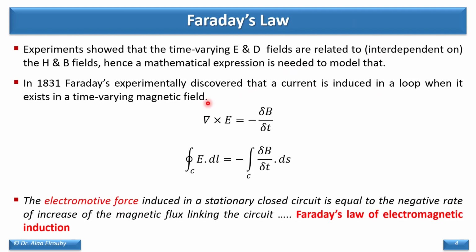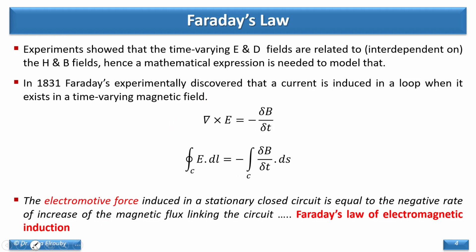One of the observations that led to this time varying study is Faraday's law, where he discovered that there will be current induced in a loop if this loop exists in a time varying magnetic field.